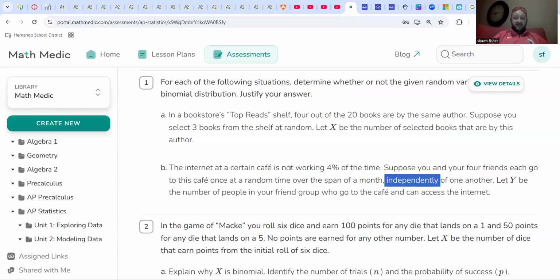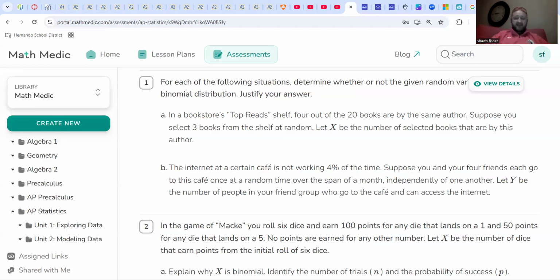Is there a certain number of trials? It looks like you can pick that month, but really it's you and your friends going in. So there are 5 people. They didn't really give us a problem to do.